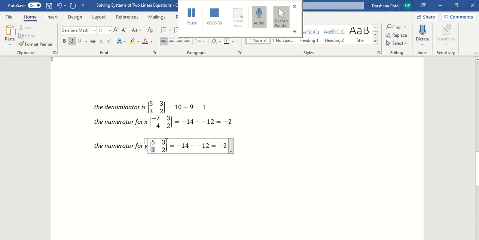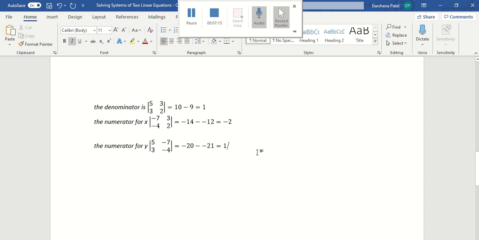Now we multiply the principal diagonal: 5 times negative 4 gives us negative 20, subtract the other diagonal, 3 times negative 7, which is negative 21. Negative 20 plus 21 is 1.